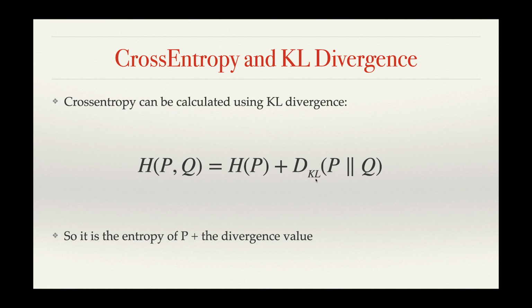So as I said, the KL divergence estimates the divergence of Q from P. So the new entropy, for example, combining these two is equal to the entropy of P plus the divergence. Okay.